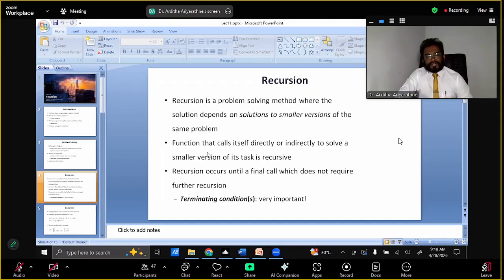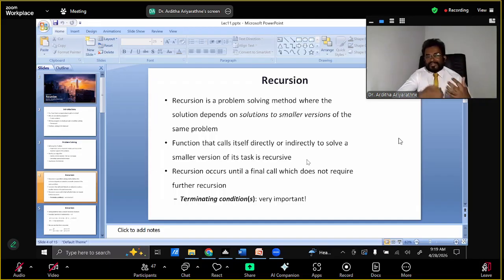Here, a function that calls itself directly or indirectly to solve a smaller version of the task is recursive. In this concept, students, we are calling the same function again and again. But there is a different thing. What is that? We are calling the same function, but the parameters inside the function are different.